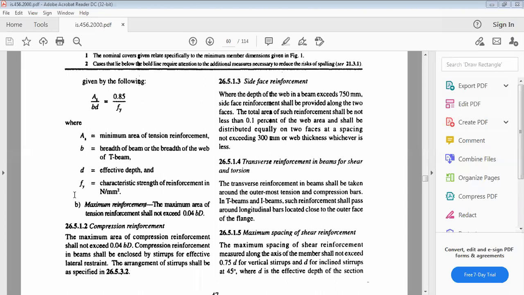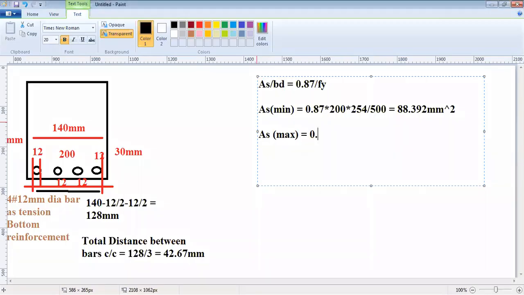This maximum reinforcement shall not exceed 0.04 b cross D, which is 0.04. b is 200 and D is 300. तो कितना आ रहा है?